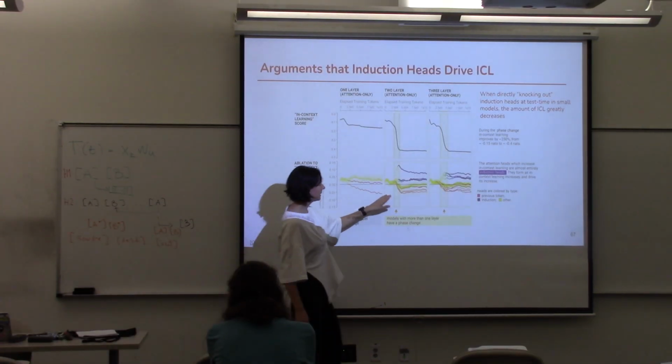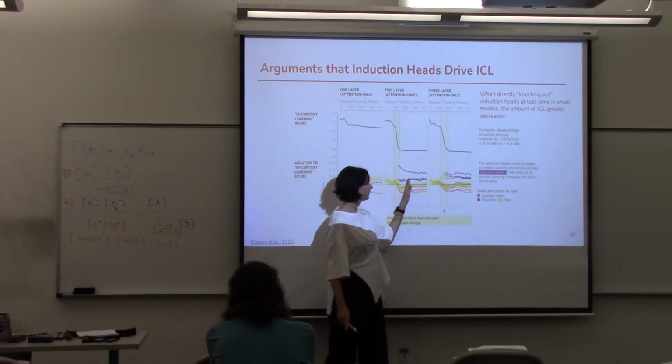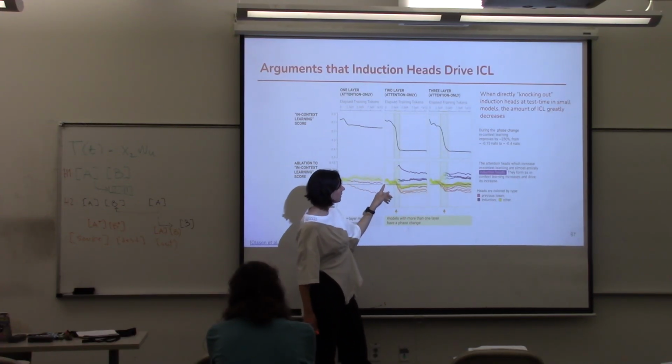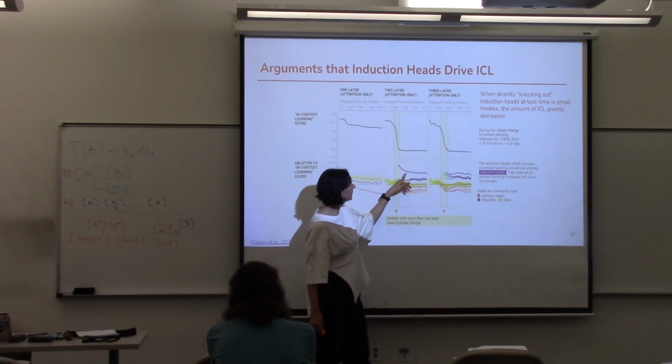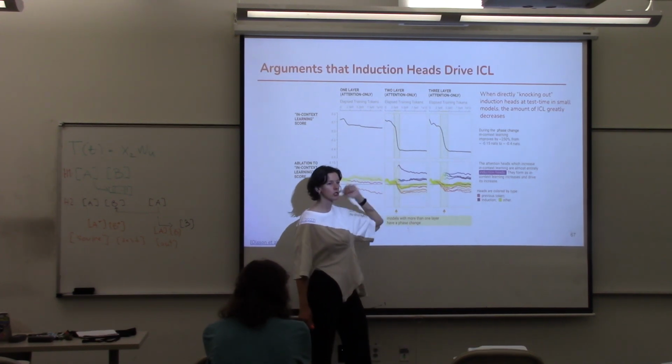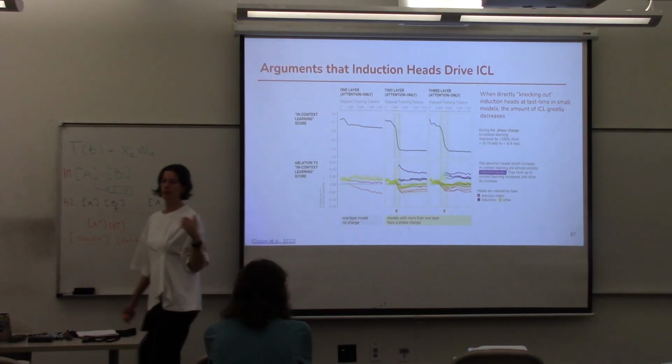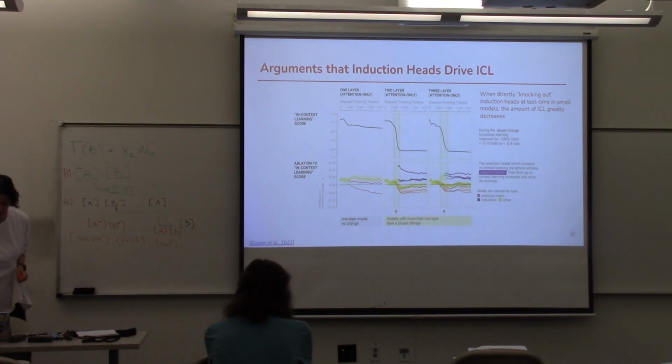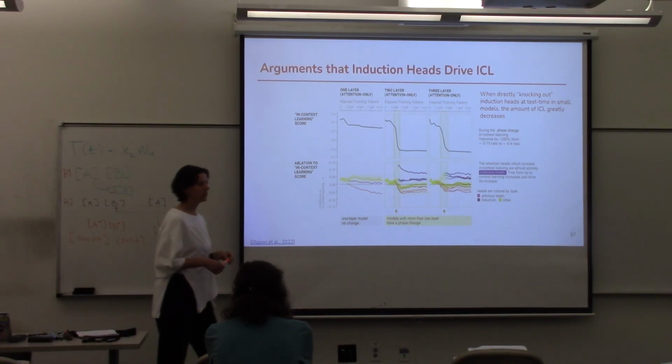So here, this purple is referring to the induction heads. And they're showing that if we ablate induction heads, exactly in that phase transition is where the ICL score will get worse, or increase. So these are their arguments, and there are plenty more in their article.